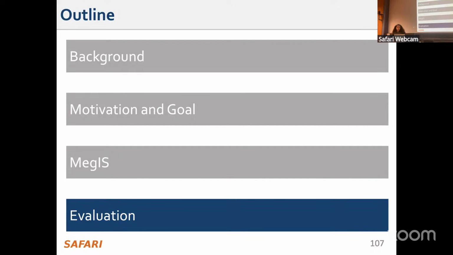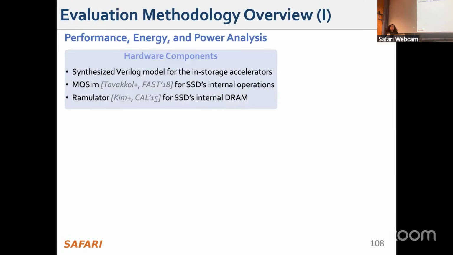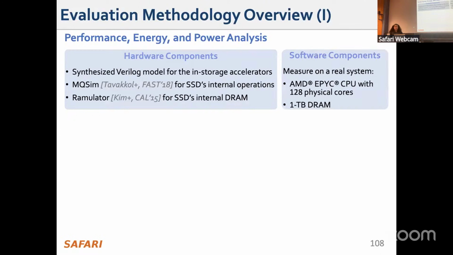Okay, so I'm going to talk about some results, but I will, at the end, highlight a particular result which I really like myself, to hopefully also propagate to you what are the fundamental benefits one can provide by these types of designs. Anyway, our methodology: we have performance, energy, and power analysis based on hardware and software components. You can see the features and the tools used.